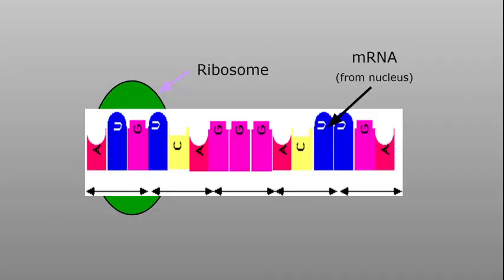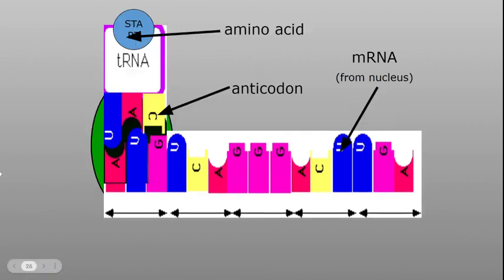All right, so we've got our mRNA coming from the nucleus, and down here we've got our ribosome. So you see that our tRNA, this is where we're starting. See? AUG, that is our start codon. Now here is going to be our anticodon, which our tRNA will read to get our amino acid.